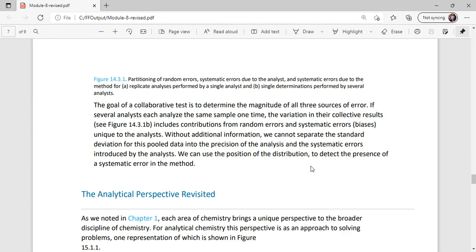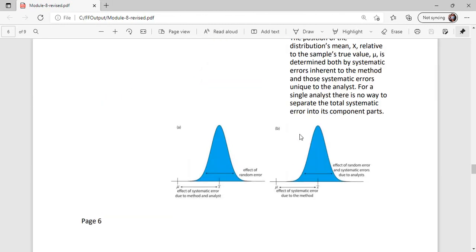Here, partitioning random error, systematic error due to the analyst, and systematic error due to the method. For part A, replicate analyses performed by a single analyst, and a single determination performed by several analysts. And then we see the effects of the random error.